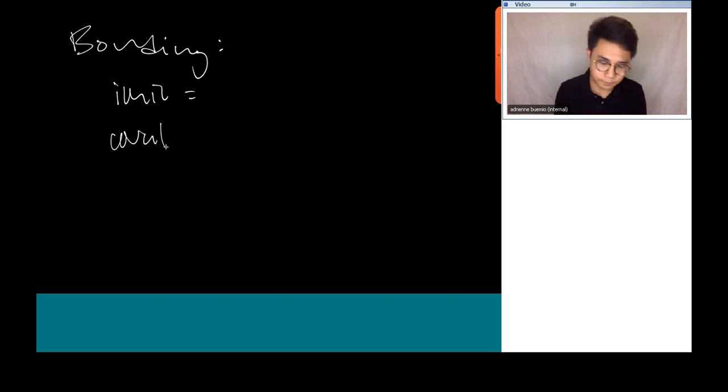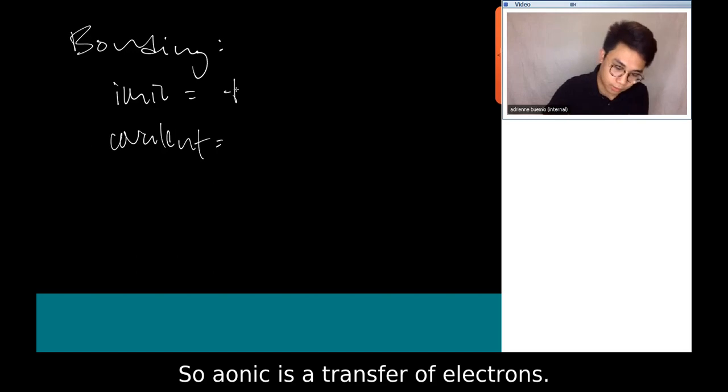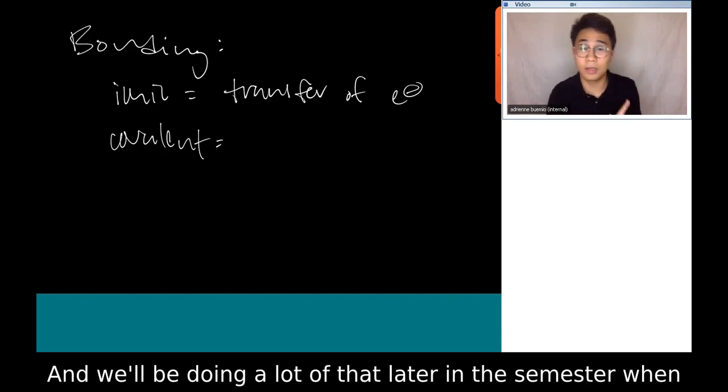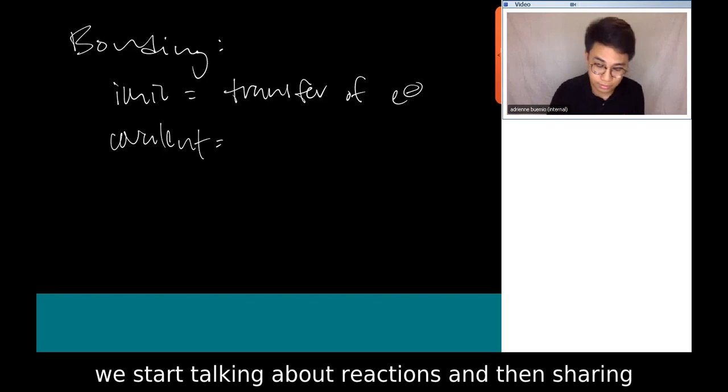Okay, so of course we have ionic and covalent. Ionic is a transfer of electrons, and we'll be doing a lot of that later in the semester when we start talking about reactions, and then covalent is sharing of electrons.